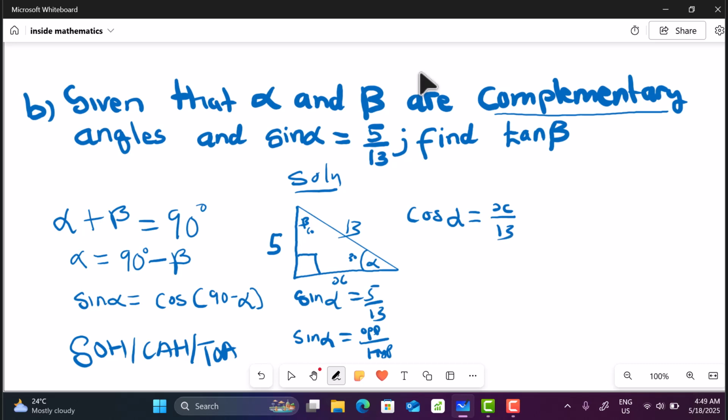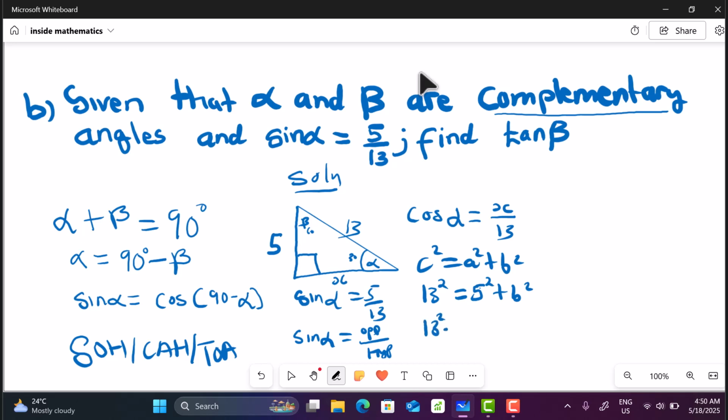So the best way to find the adjacent side of alpha is by using the general formula of Pythagoras theorem here. So here we have our hypotenuse, which is the longest side, represented by c, is 13 squared. And here, either way, we are going to put 5 squared plus b squared.